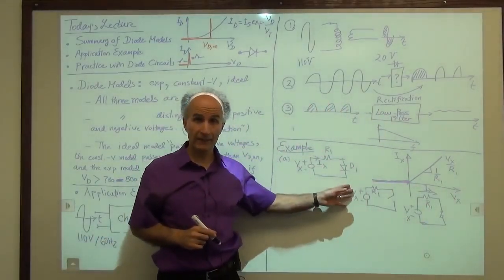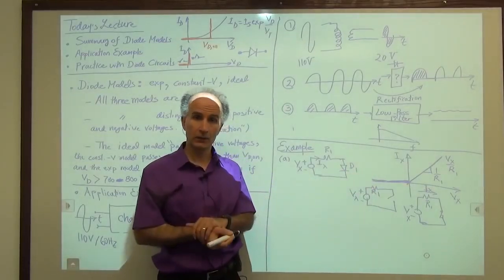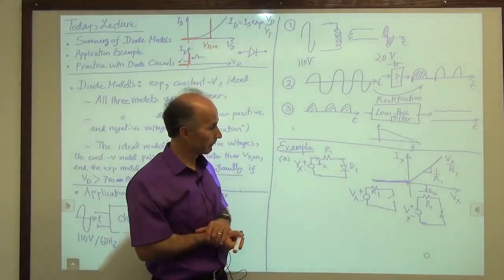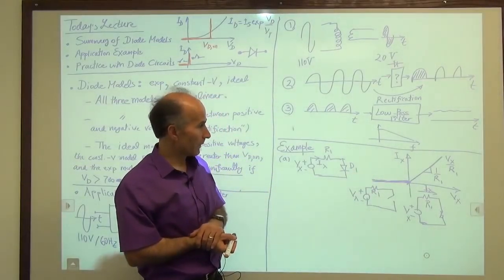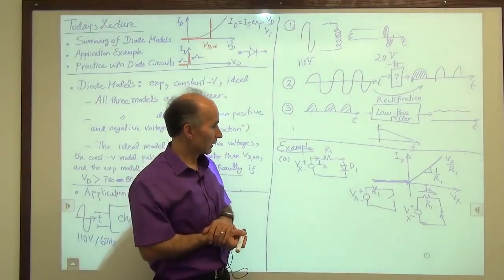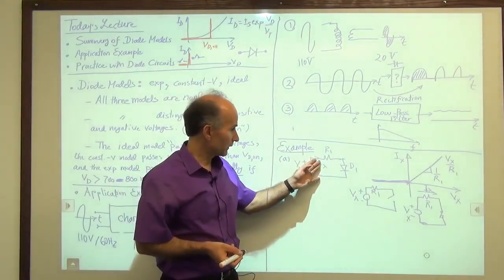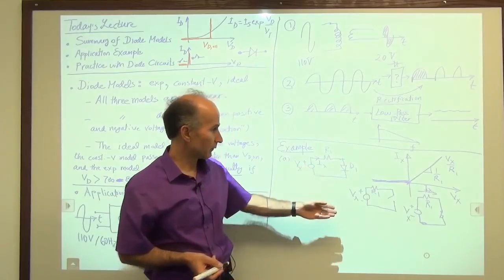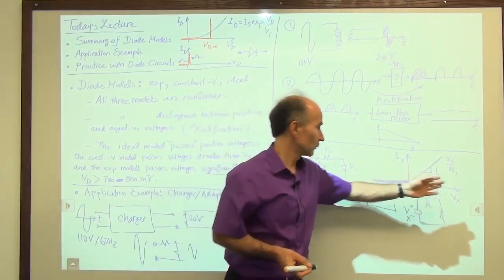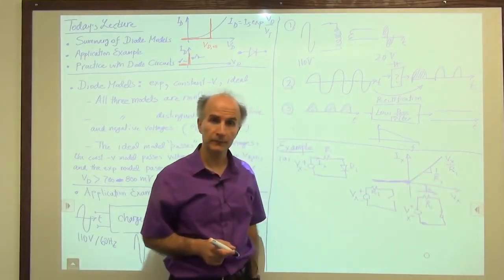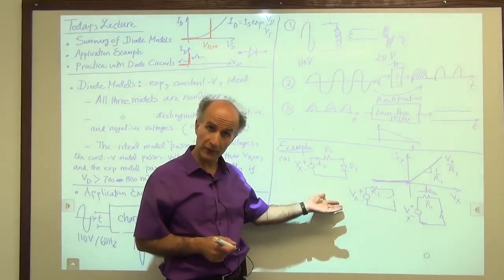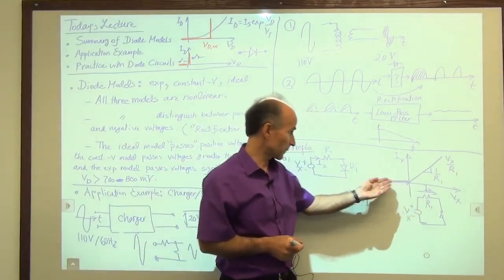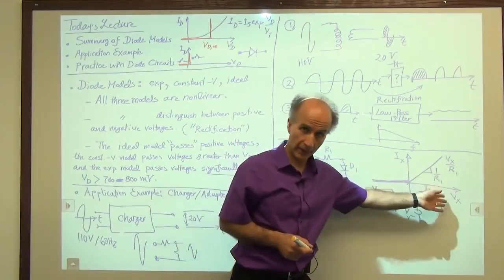We saw an example last time that was quite similar to this example. Very good. So we managed to find the current as a function of voltage as the voltage goes from minus infinity to plus infinity. And of course, it's a rectifying circuit because it distinguishes between negative voltages and positive voltages.